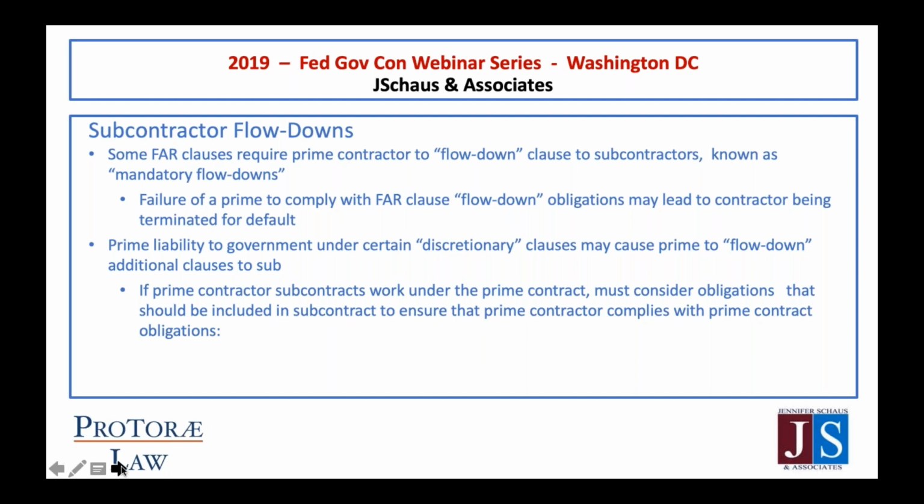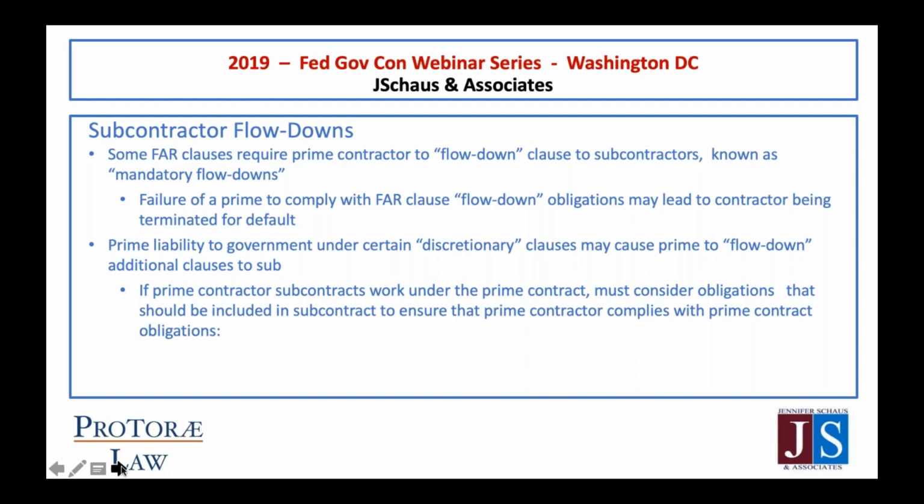So one way to comply with FAR clauses that are in the prime contract is to flow them down. Because unless a prime contractor is performing the entire scope of the statement of work, some of it is going to be performed by another contractor, which will enter into a subcontract with the prime contractor. And so the liability associated with that work should follow the entity that is performing that work.